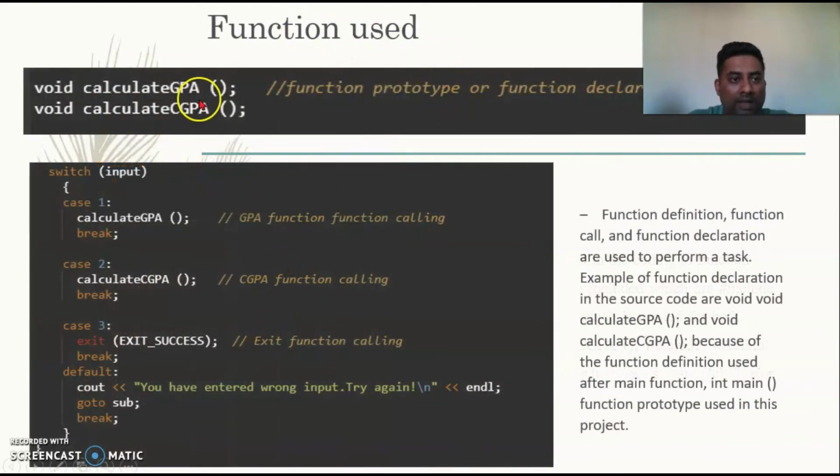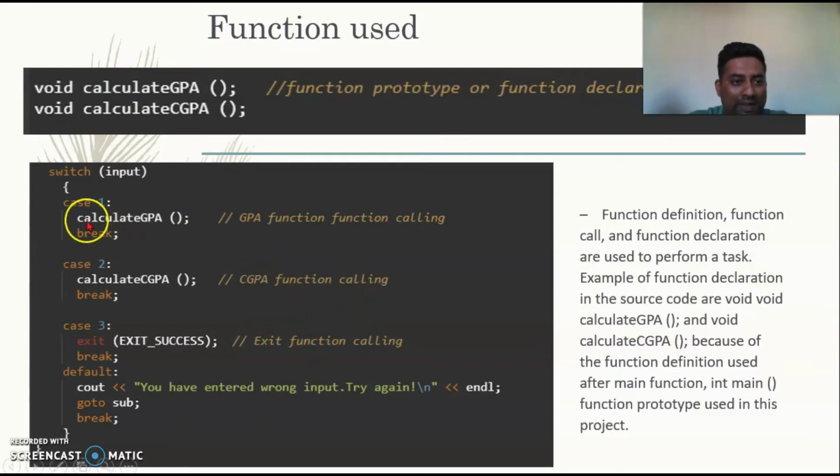You can see here we declare two functions. We use the void syntax because our functions will not return any values. Any function has three sections: function definition, function call, and function declaration. In this section we use a switch statement for function calling.